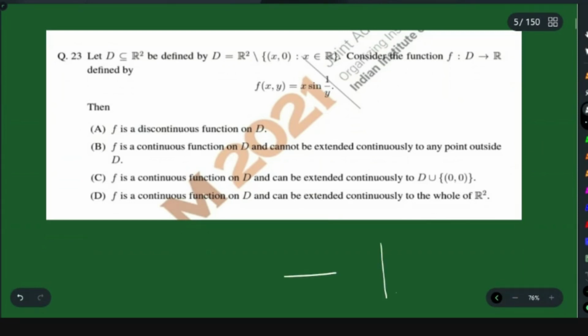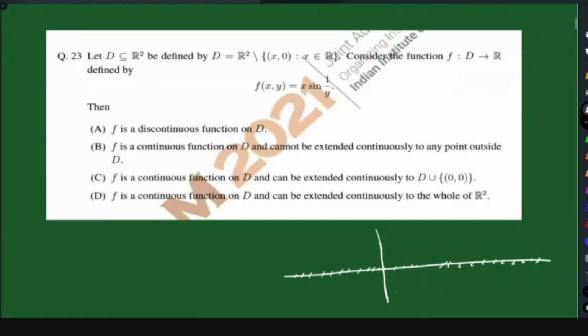See here, this is your R2 and the x-axis is there. So these points you are in fact removing. All the points with the y coordinate zero are removed. So your D is the remaining portion.